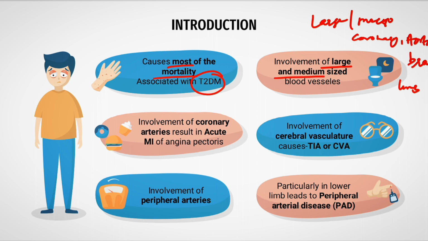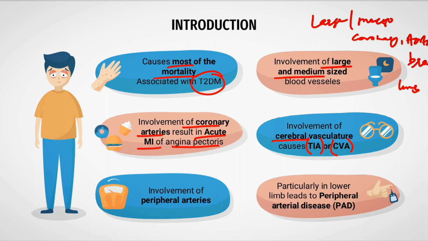If the coronary arteries are involved, they result in acute MI, myocardial infarction, or angina pectoris. If there is involvement of large or medium sized blood vessels of the cerebral region, this causes either TIA, the transient ischemic attack, or cerebrovascular accident.